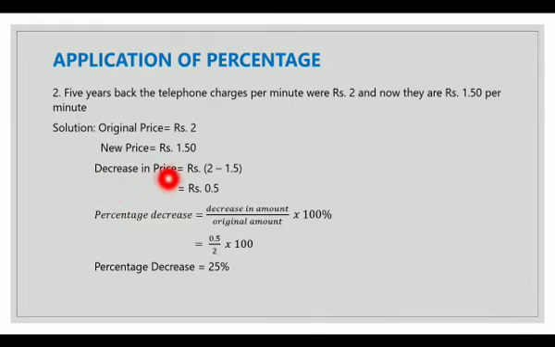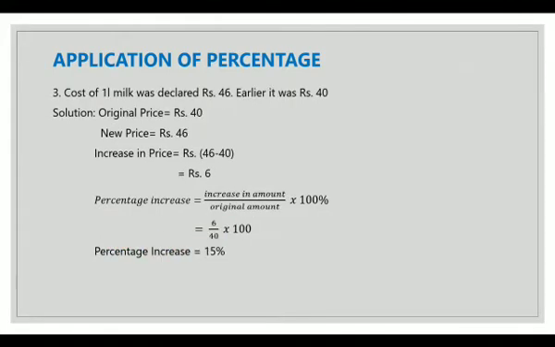So decrease in price equals rupees 2 minus 1.5, which equals rupees 0.5. So percentage decrease equals decrease in amount upon original amount into 100%. So decrease in amount, that is rupees 0.5, upon original amount, that is 2, into 100, which comes to be 25. So percentage decrease equals 25%.